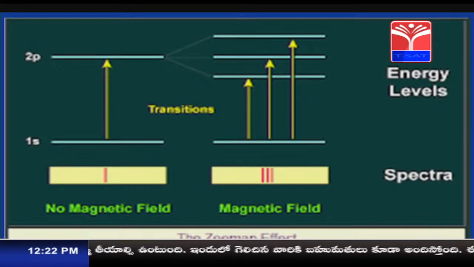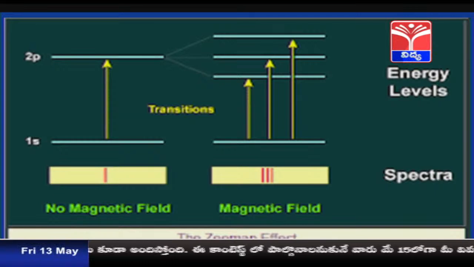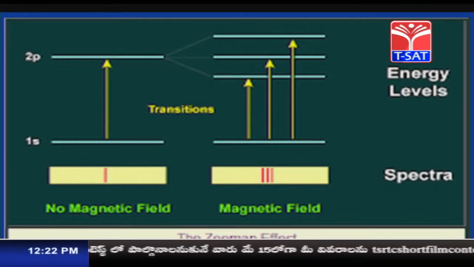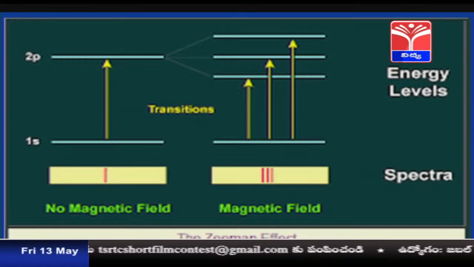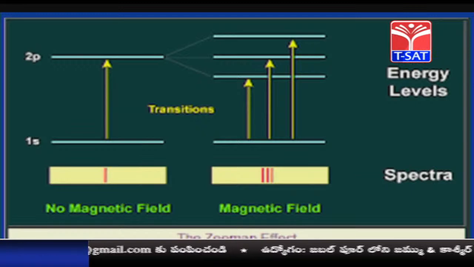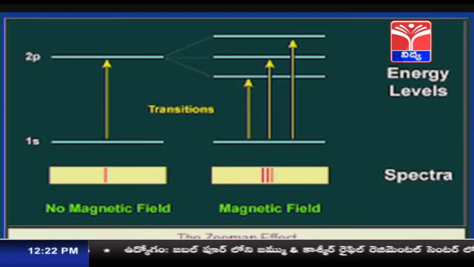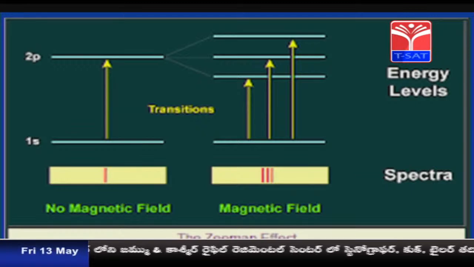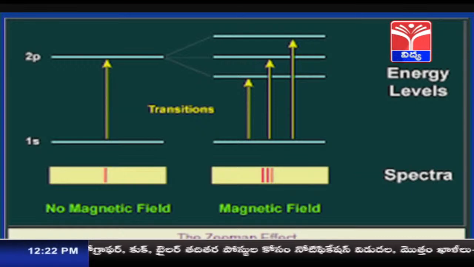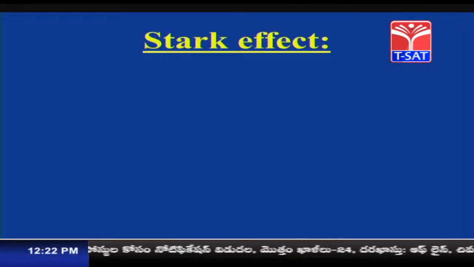Here you can notice, children, in the absence of a magnetic field it was a single line, but in the presence of a magnetic field it has split into 3 lines. So this splitting is nothing but the Zeeman effect.